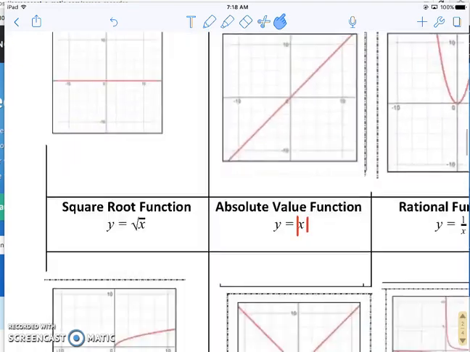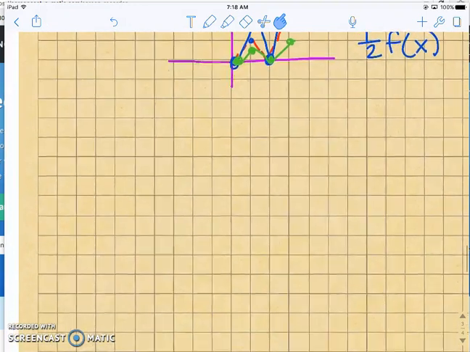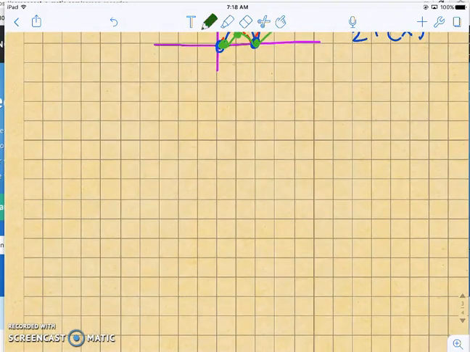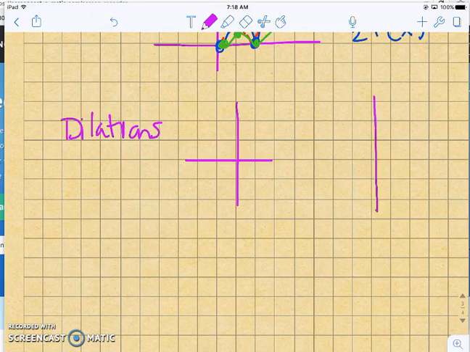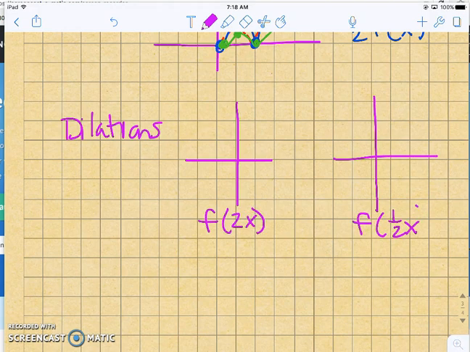So if we go back down here to our dilations once again, that last one, and maybe we'll draw it on 2 separate graphs, so it sticks out a little bit more. If we had f of 2x versus f of 1/2 x. And again, our original was right here.